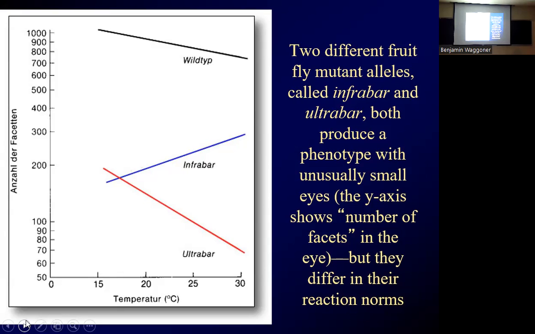When you grow your fruit flies at 15 Celsius, they'll develop over 1,000 facets per eye. When you grow them under warm conditions, they might only get about 800. That's phenotypic plasticity in general: the number of eye facets that a fruit fly has is a function of the temperature in which it lives.